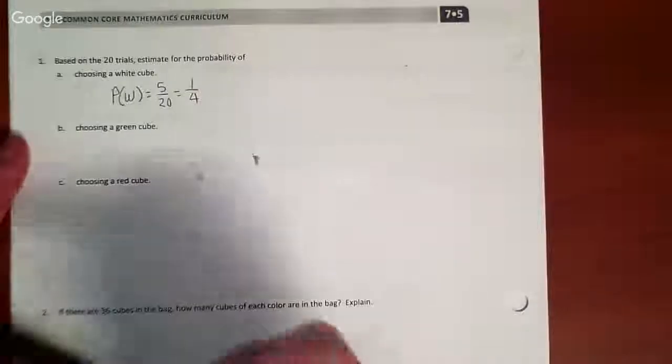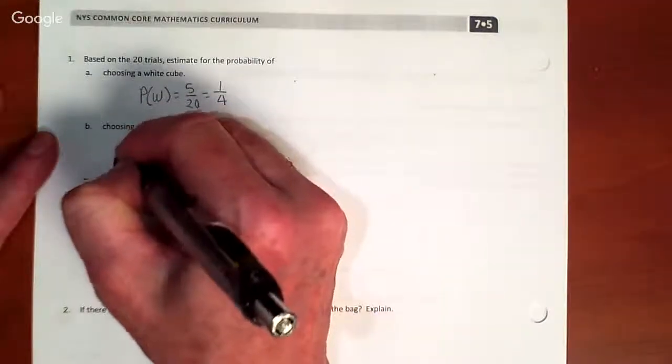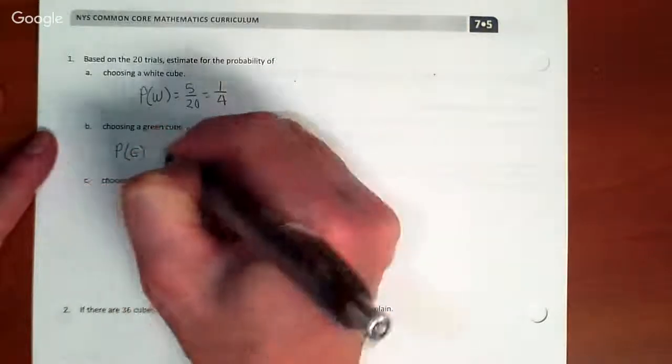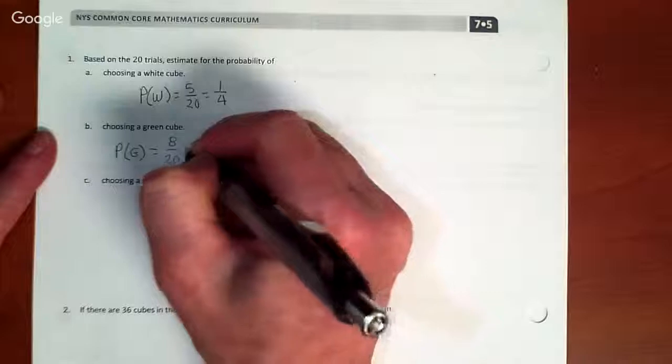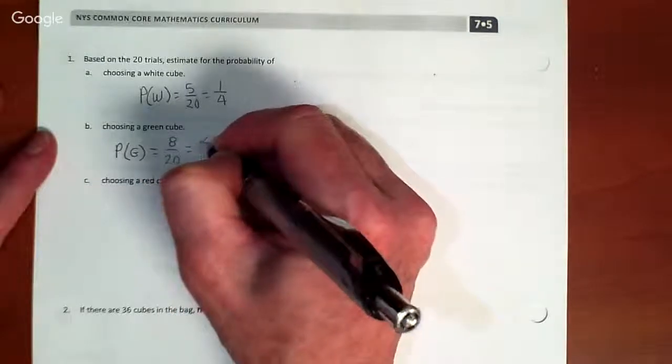So the probability of green is 8 out of 20, or 2/5.